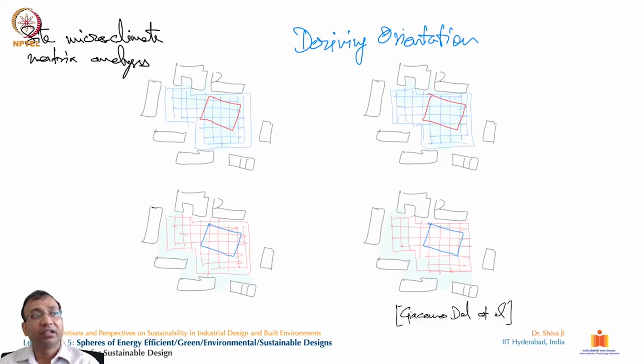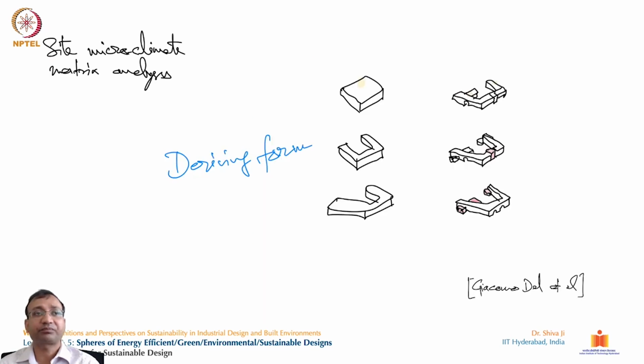One researcher has given this figure, which talks about the winter evaluation and the summer evaluation, and the values at different places of the site. They have created a grid, and based on that grid they conclude what should be the best location for the building form.